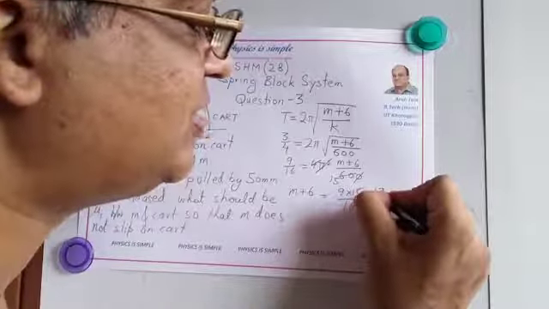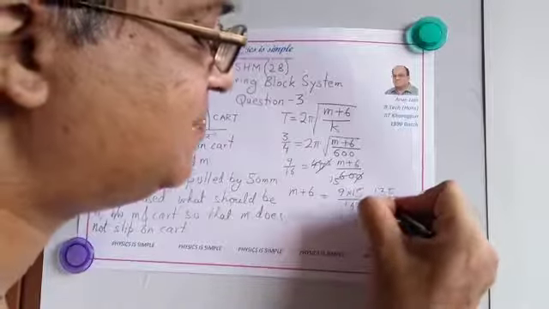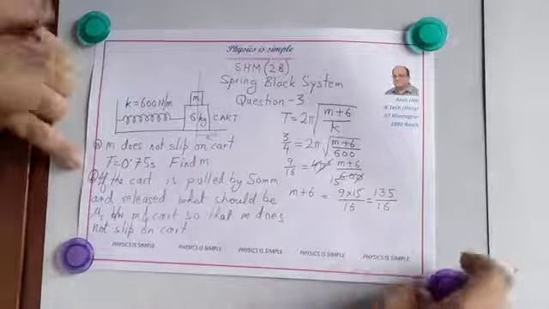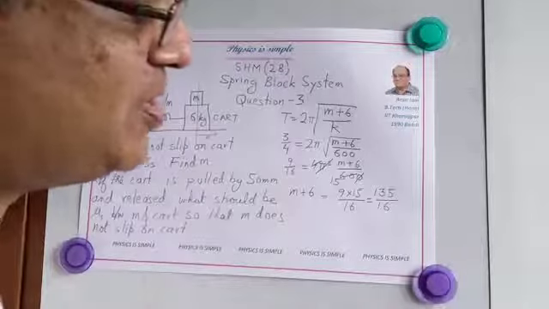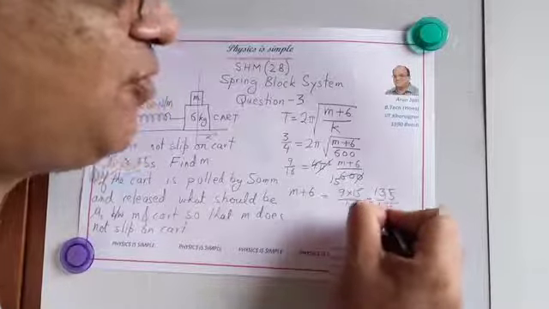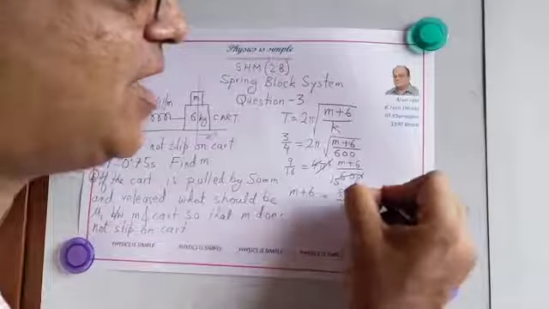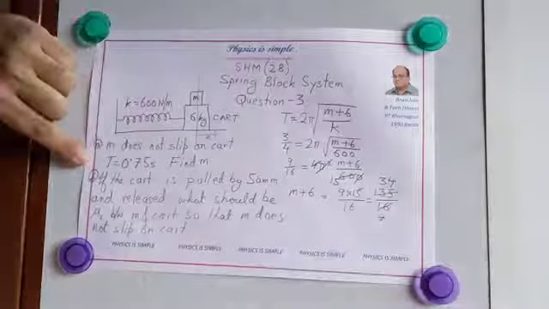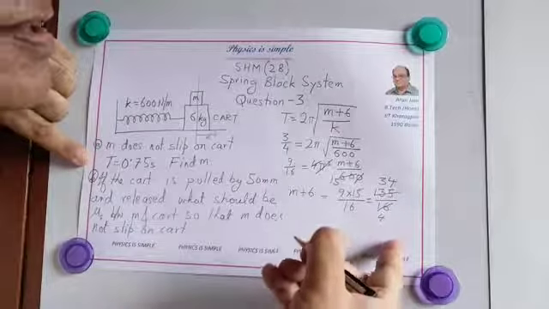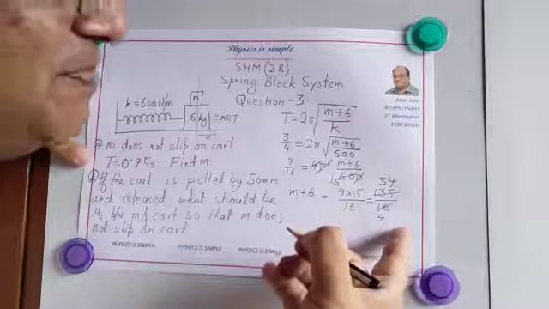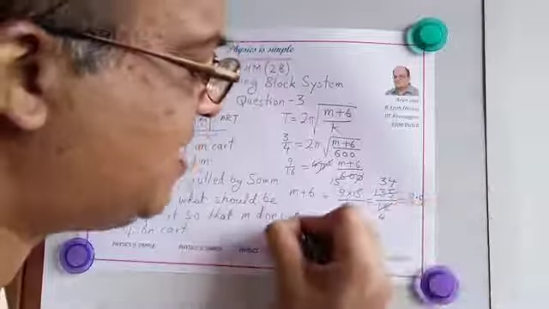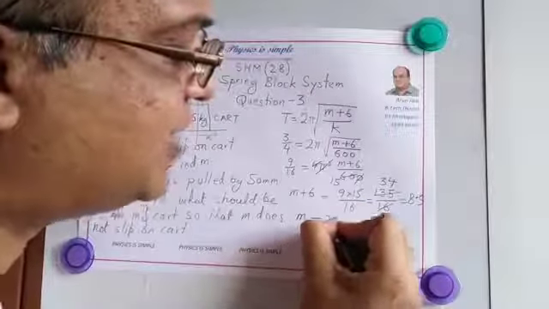So we get 135 by 16. If you know the tables of 16, well and good, we can divide directly. If you don't know, nothing to worry, we can divide by 4. So we get 4 here and we get 34 here, approximately. And now this division is easy, we get 8.5. So this is 8.5 and therefore M is 2.5 kg.